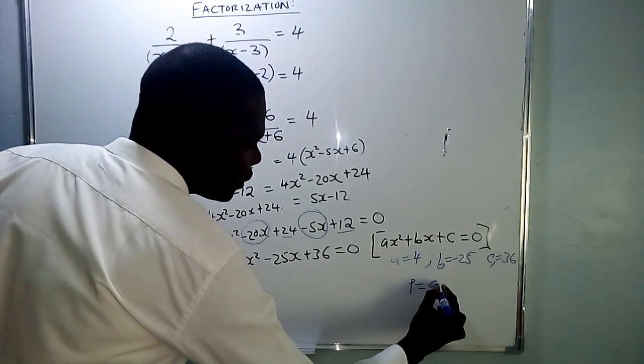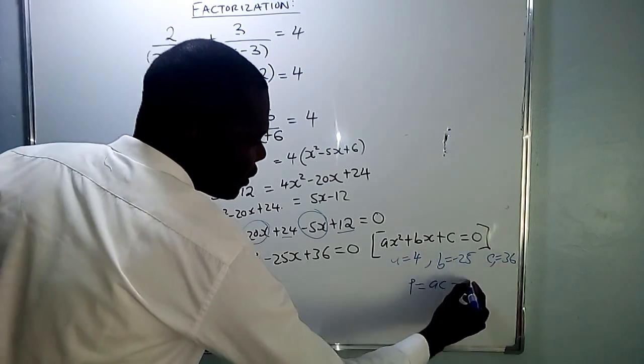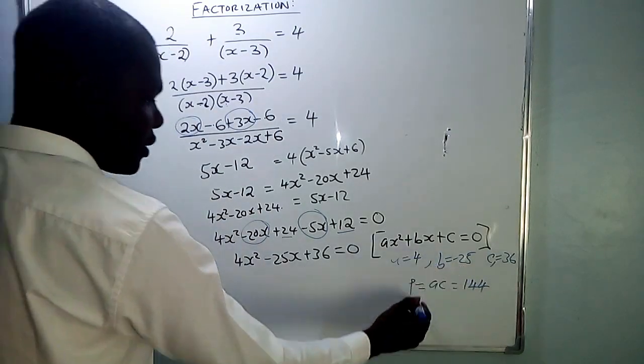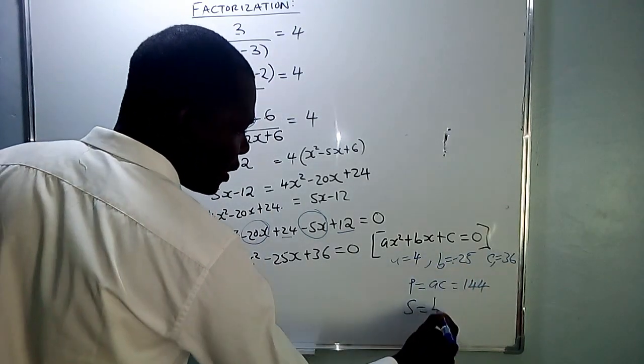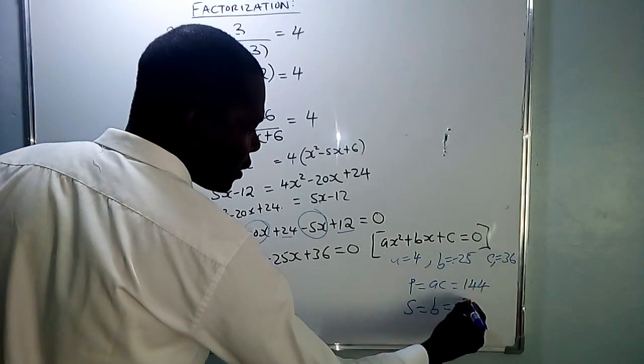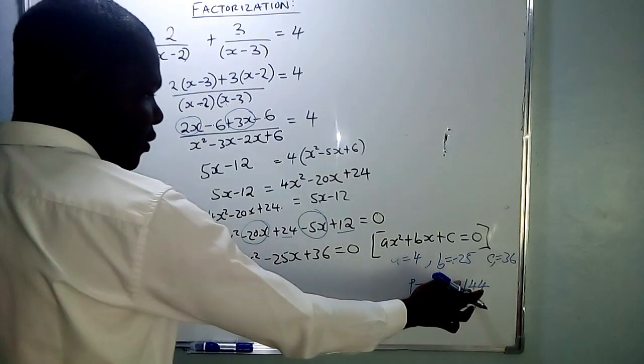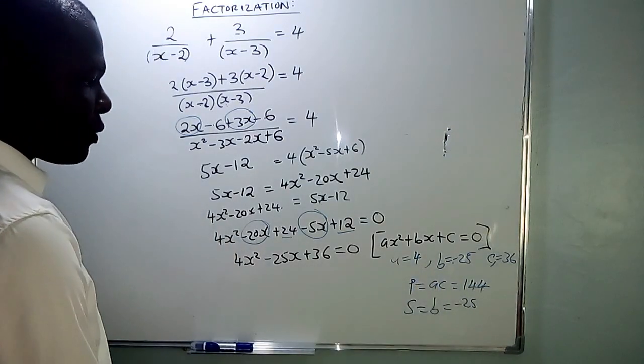So a times c, 4 times 36, you get 144, isn't it? Then the sum is always b, so it means a sum of negative 25.